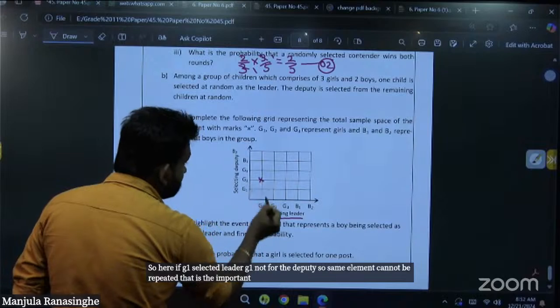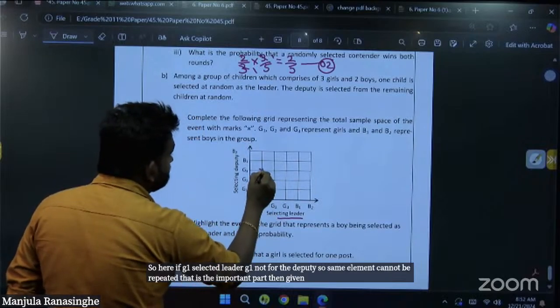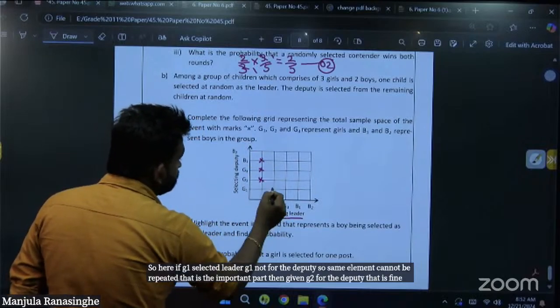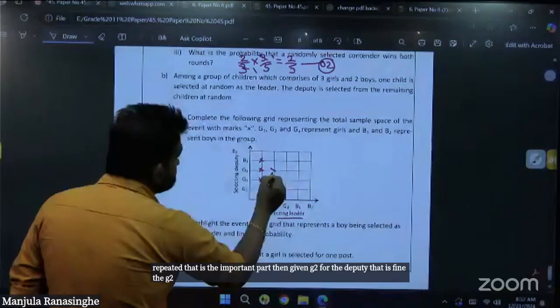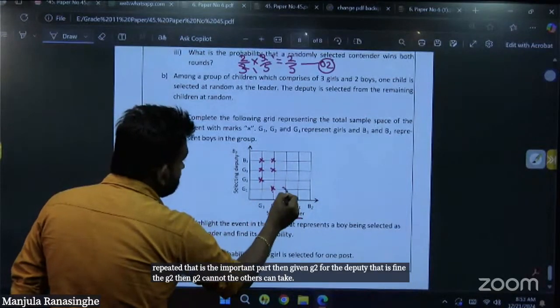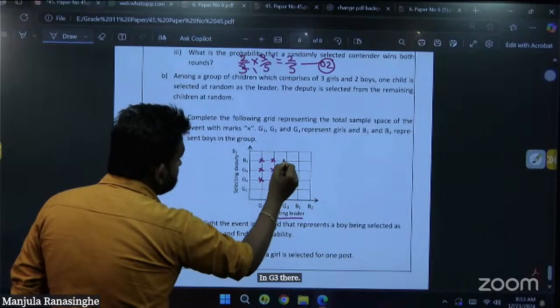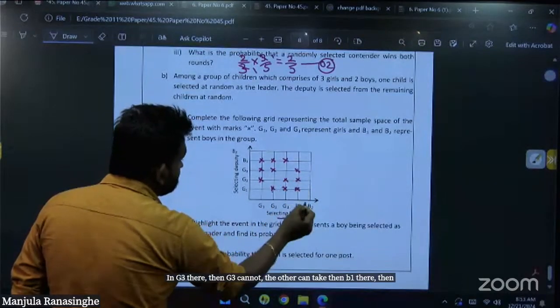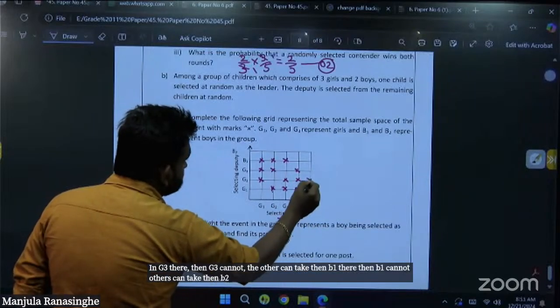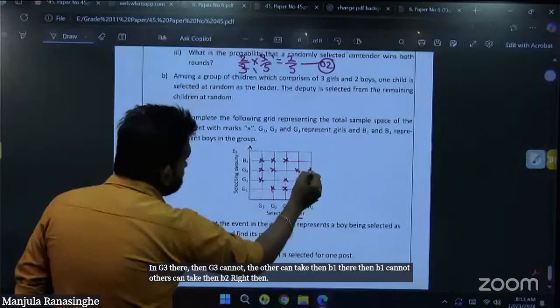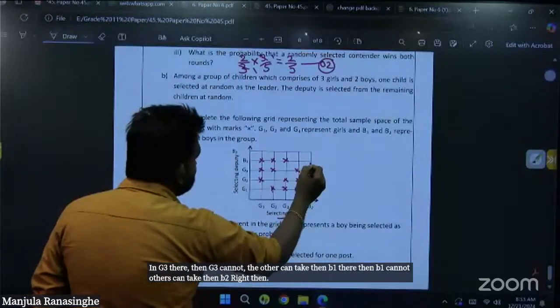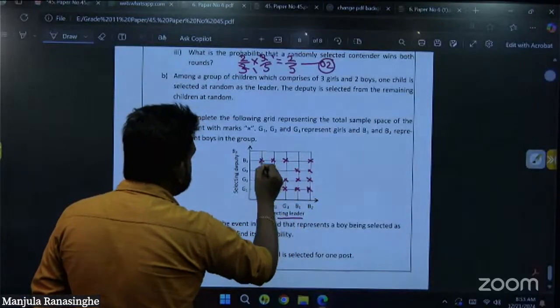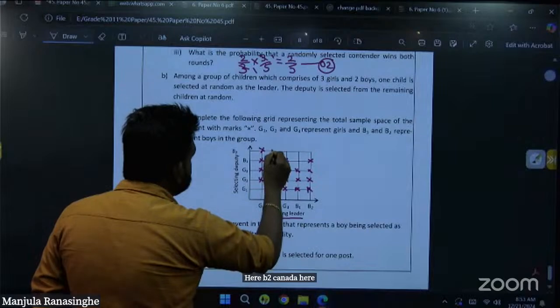Then G1 taken, G2 for the deputy. That is fine. Here G2, then G2 cannot, the others can take. Then G3 there, then G3 cannot, the others can take. Then B1 there, then B1 cannot, others can take. Then B2, here B2 cannot, here all are coming here.